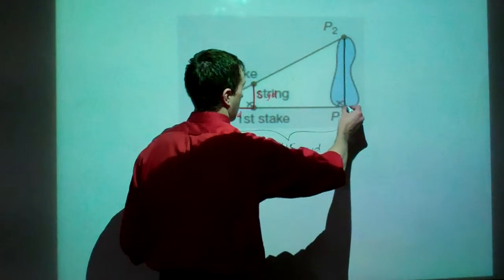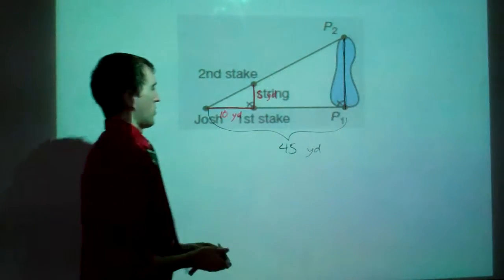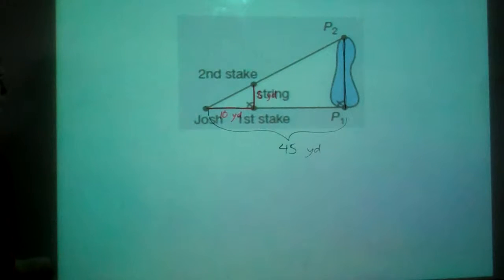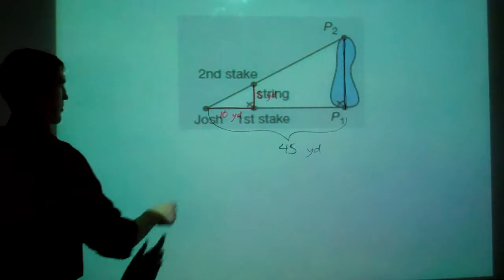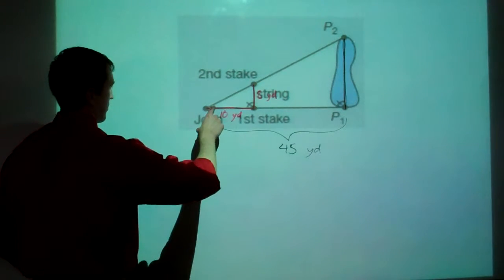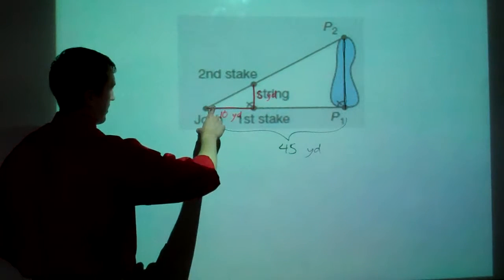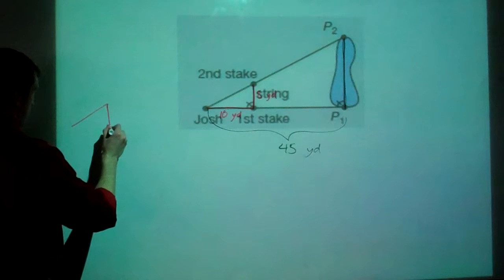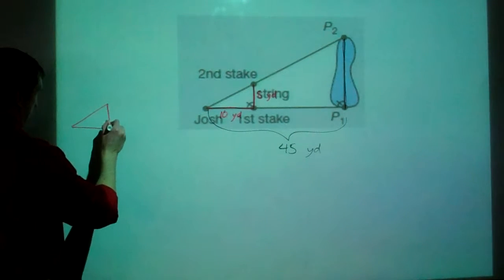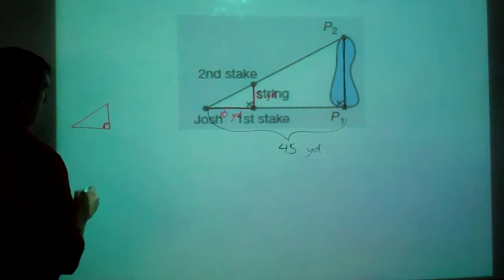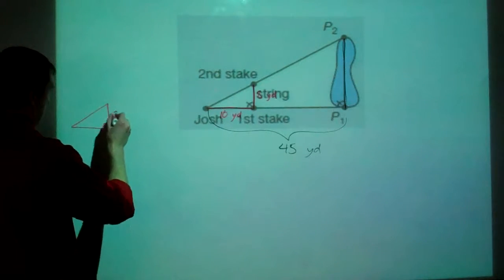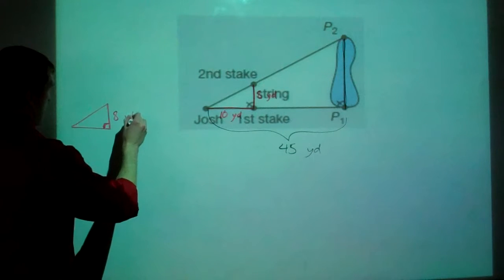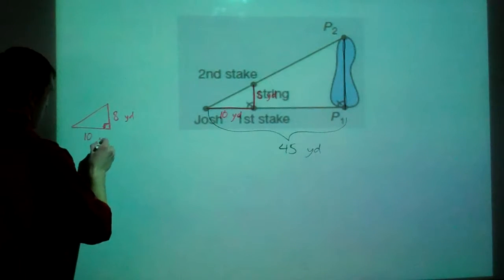Alright, so what we're trying to figure out is the distance across the lake. And if you notice, we have 2 triangles, and they are similar because this angle is the same in the small one as it is in the big one. So we have this red right triangle right here, and we know that this was 8 yards and this was 10 yards.